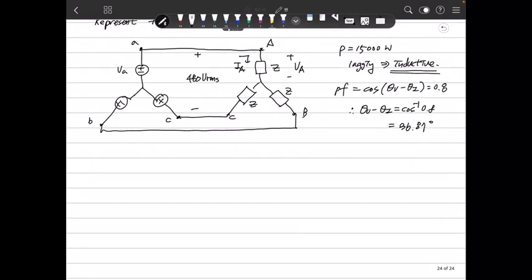And next, we need to know the phase voltages. The line-to-line voltage is 480 RMS.